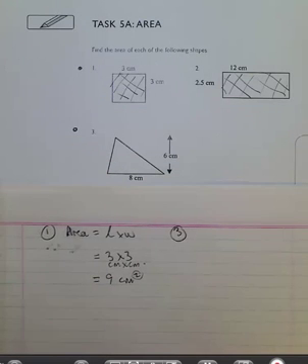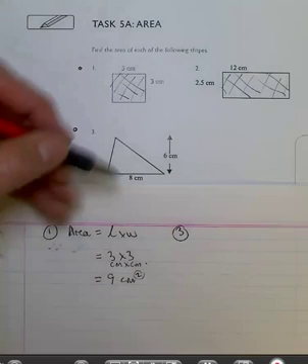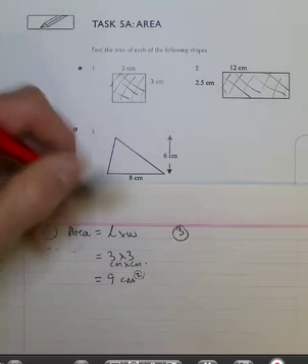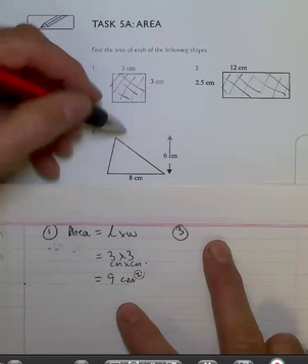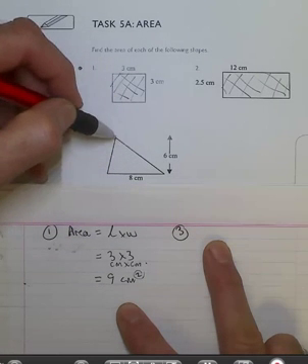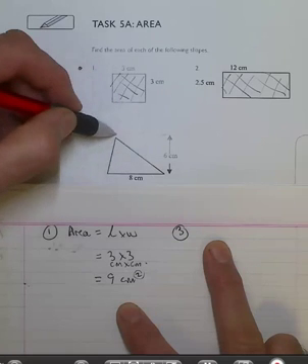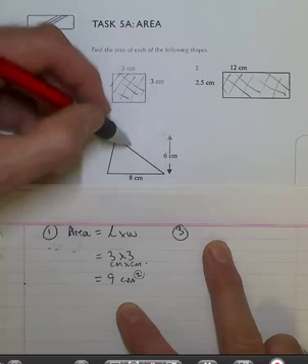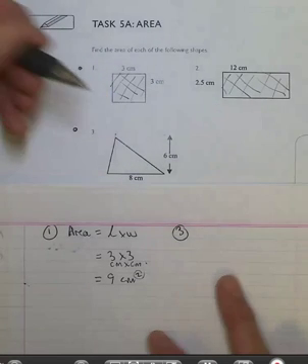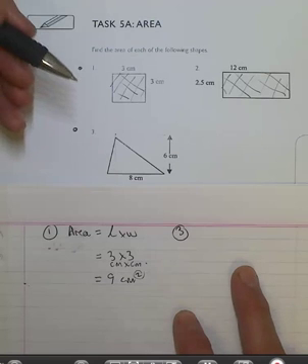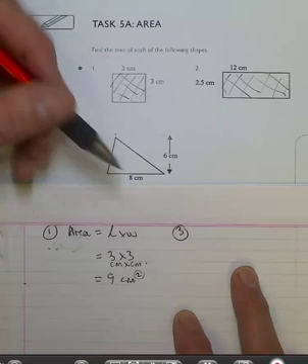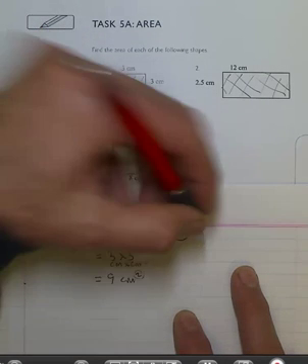Question 3, we're looking at a triangle here. Now, you'll notice that if I multiplied 8 by 6, I'd be mapping out a rectangle, a much bigger shape. A triangle is defined area-wise as half times the base times the height.